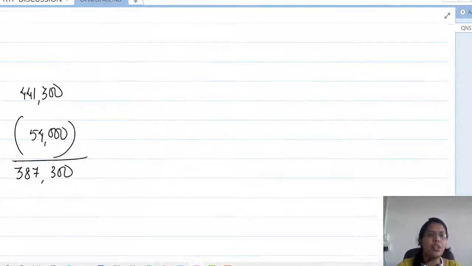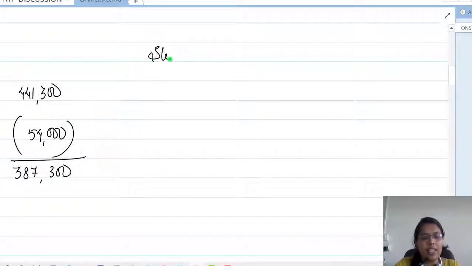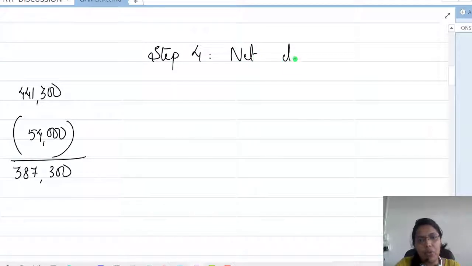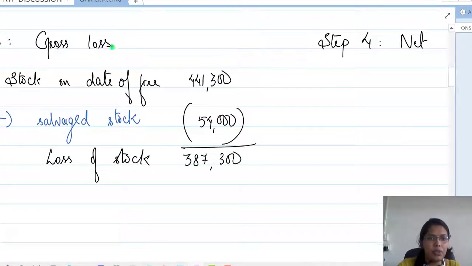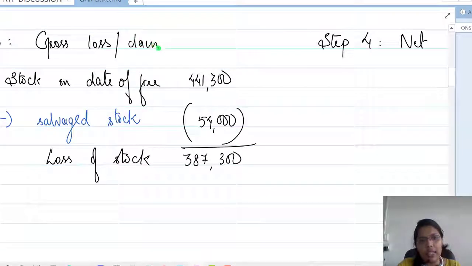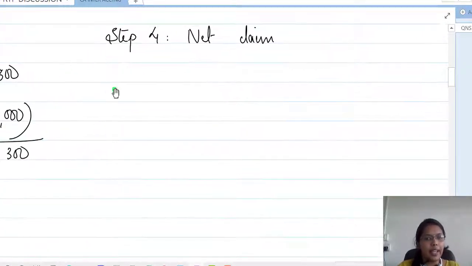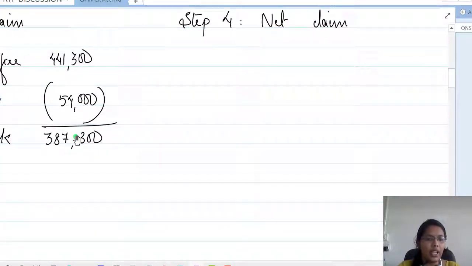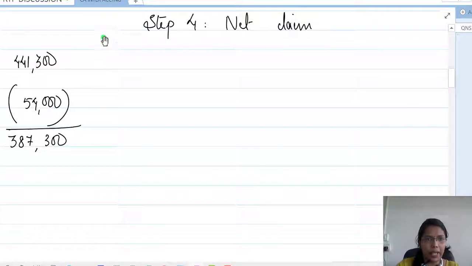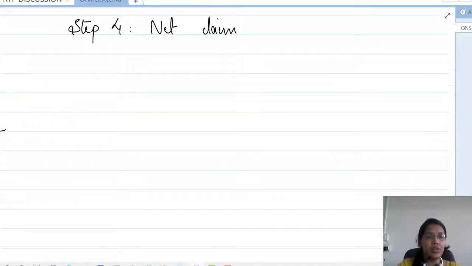Why do we say it as gross loss? Because this policy had an average clause applied to it. So therefore, gross loss or gross claim, we can name it that way also. So I'll just write gross claim. So since average clause gets applied, he might not be receiving the entire amount that he actually lost. To find out whether average clause actually gets applied, you will have to consider two things.